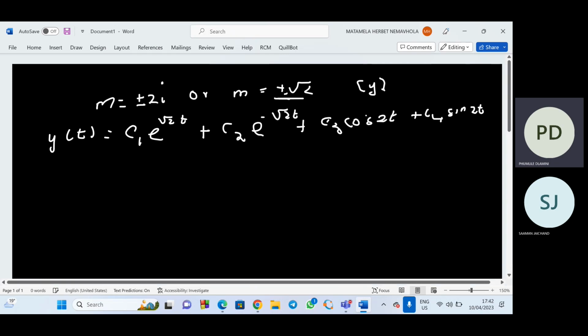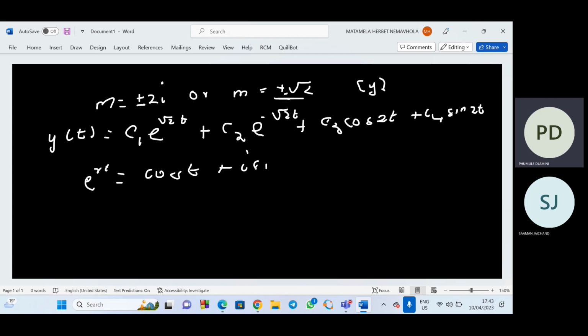So this equation that I wrote comes from the complex number e to the power it equals cos t plus i sine t.